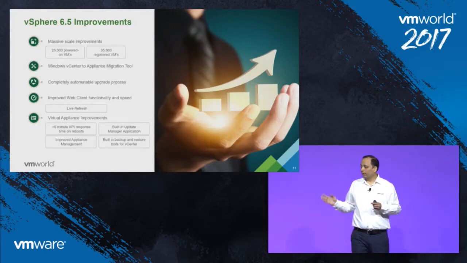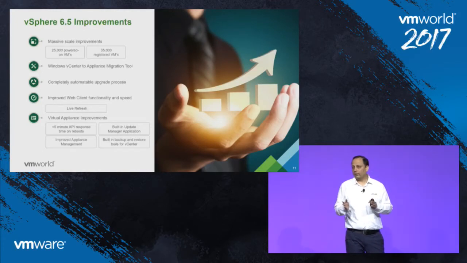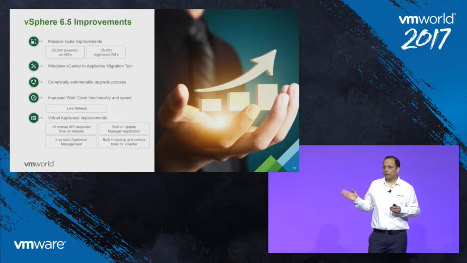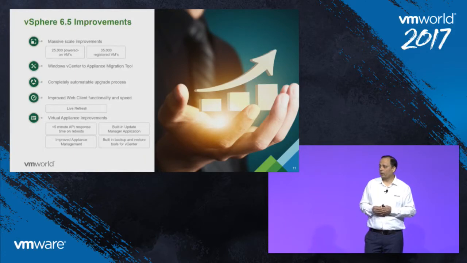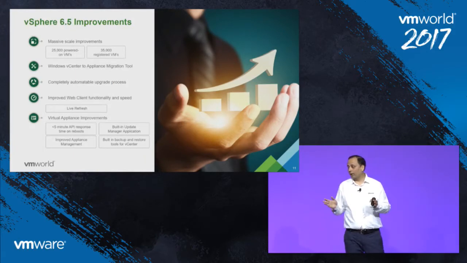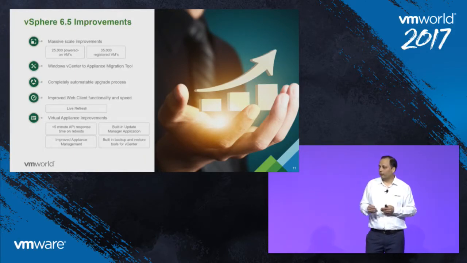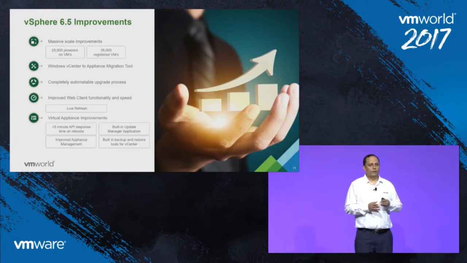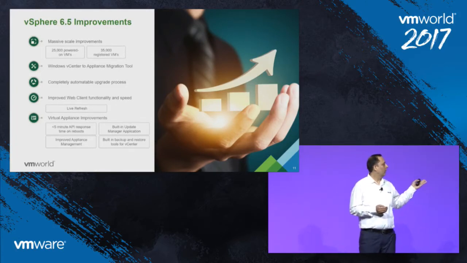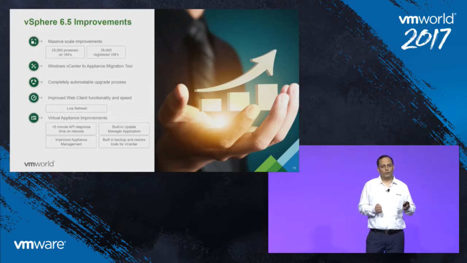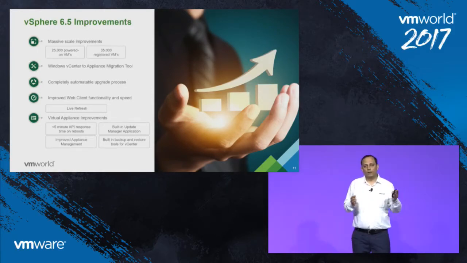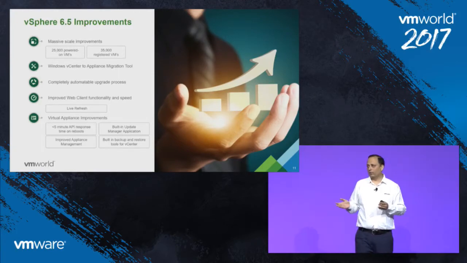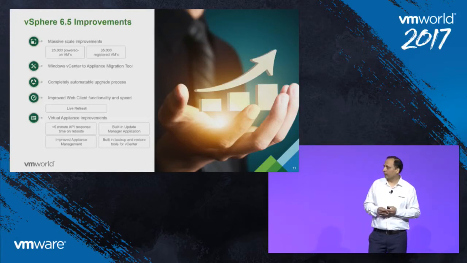We also got refreshed features in the vSphere Flash-based web client this time, which were missing in 6.0, and along with that we got the HTML5 client as well. We got all these improvements. We also got a backup solution integrated into 6.5. Now you don't need to rely on third party or any other VMware solution for taking backups and restores of your PSC and your vCenter Server.